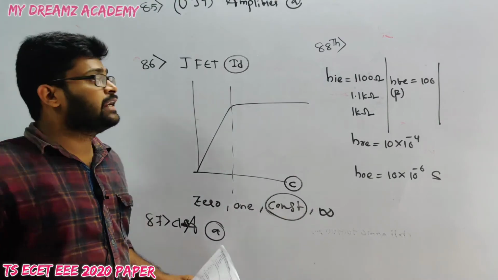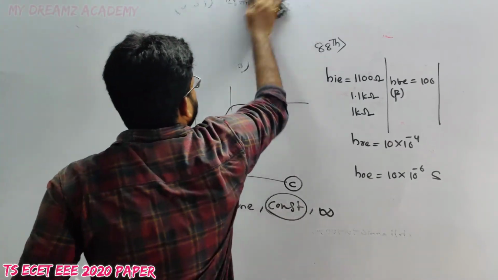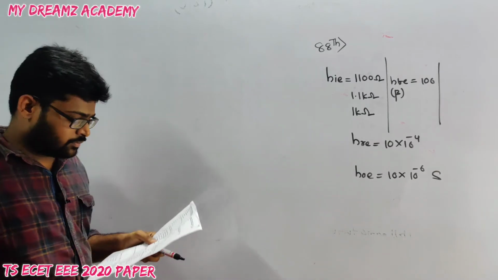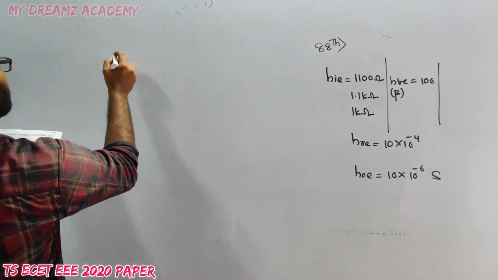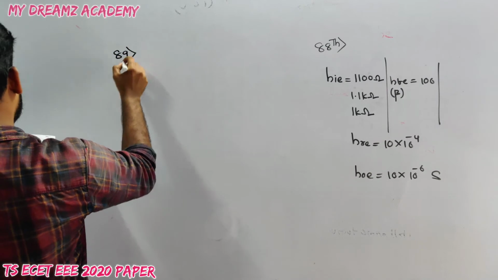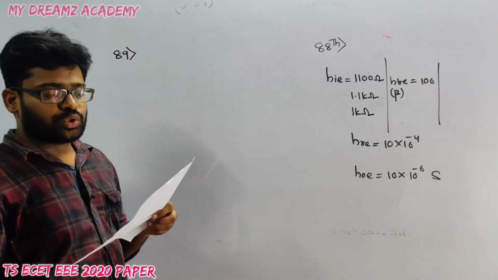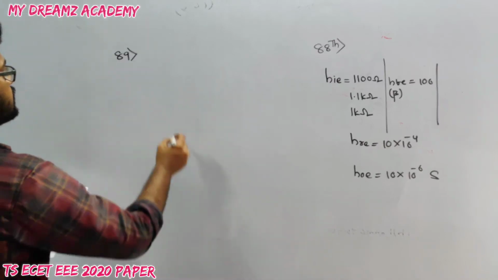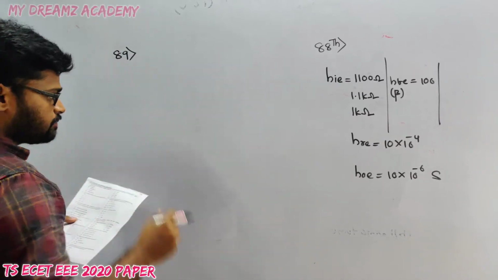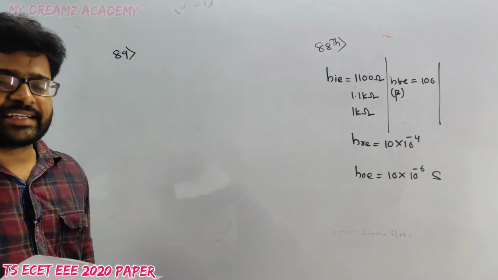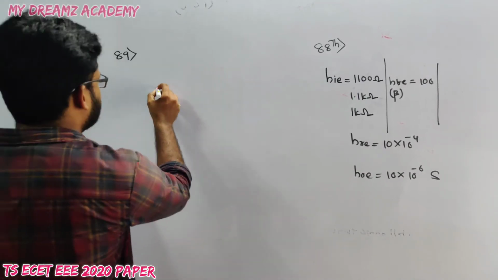Now we'll see 89th question. A latch can be made by two cross coupled gates. The latch can be made by using universal gates. What are the universal gates that we have?